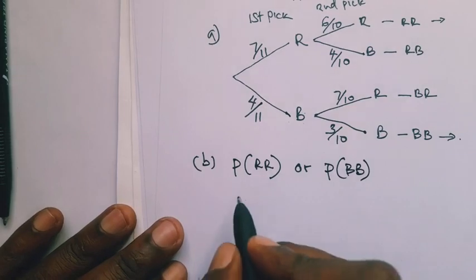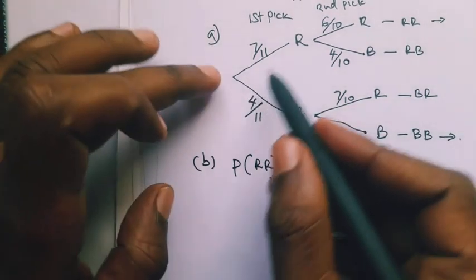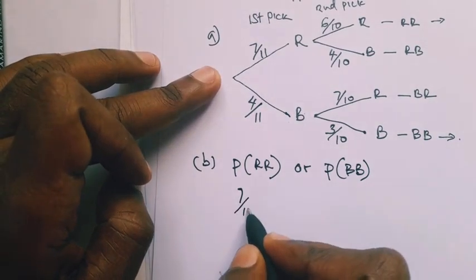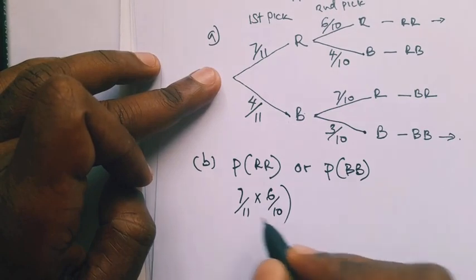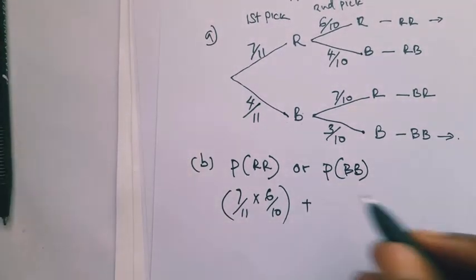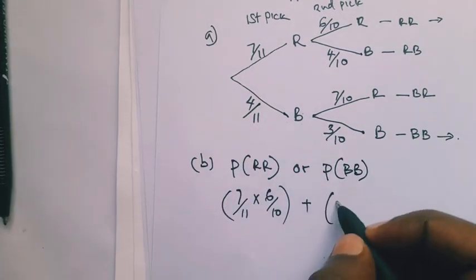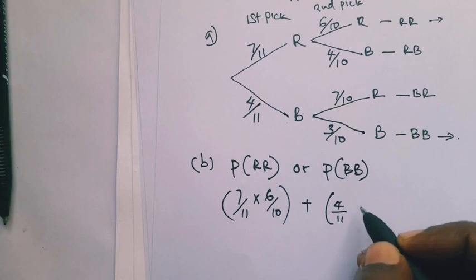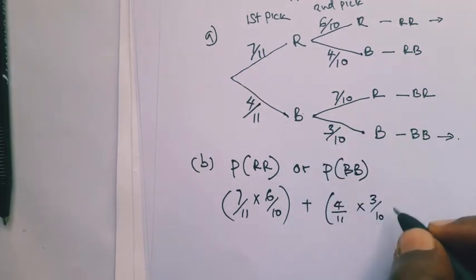Now you come here and you say red means multiplication. So red is 7 all over 11 multiplied by 6 all over 10. Or means addition. So this one now becomes blue, 4 all over 11 times 3 all over 10.